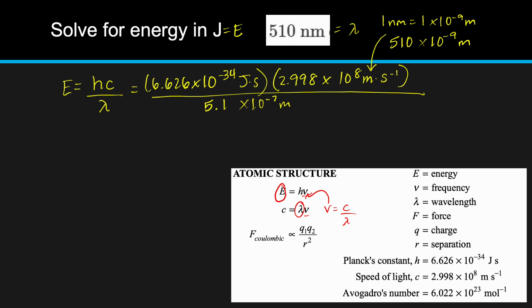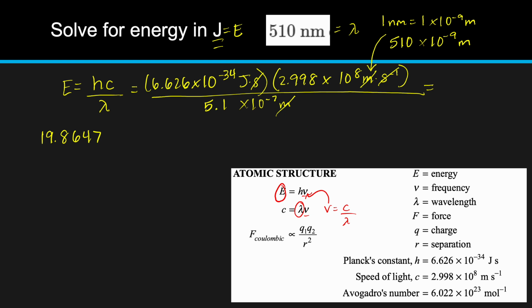As you can see with our units here, meters and seconds are going to cancel out, so we're only left with joules for our final answer, which is what the question asked for. So now let's go ahead and do the math. Again, I don't have my fancy calculator with me, so bear with me in how I'm doing this. First, I'm going to do 6.626 times 2.998.